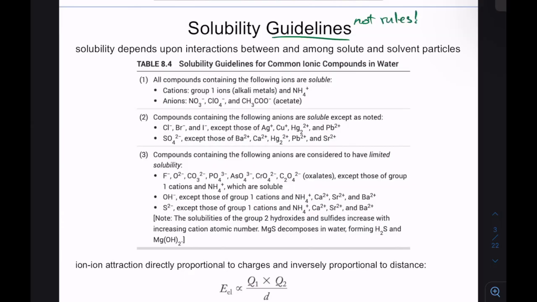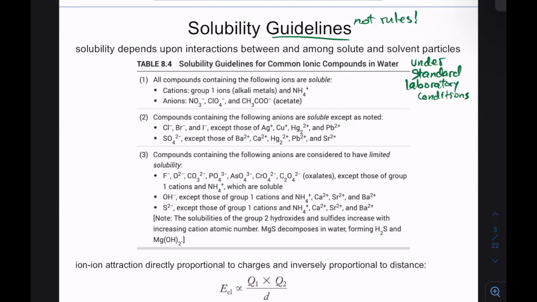But these are general guidelines for when you will find common ionic compounds that are soluble in water, and this is under standard laboratory conditions, meaning that the pressure is about 1 atmosphere, temperature is a nice comfortable 20 degrees Celsius or 25 degrees Celsius.